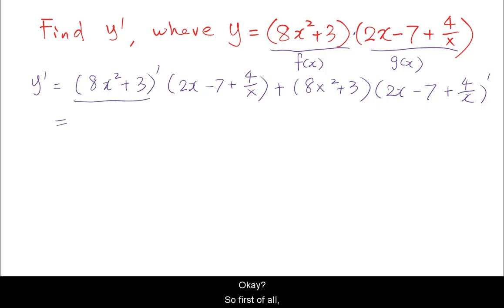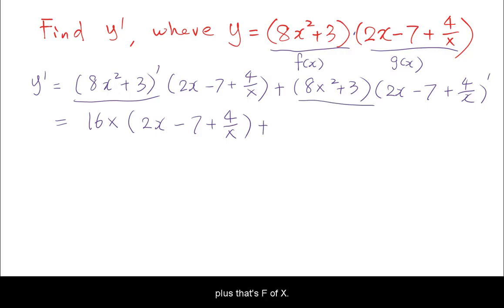First of all, the derivative of f of x will be 16x. The derivative of 3 is 0. So 16x times 2x minus 7 plus 4 over x. Over here plus f of x, just write it down as it is, times the derivative of g of x.